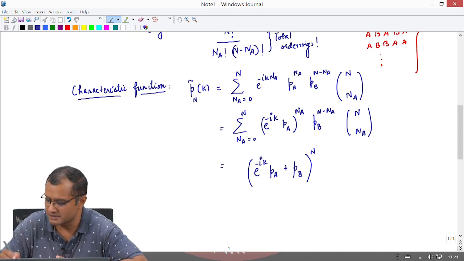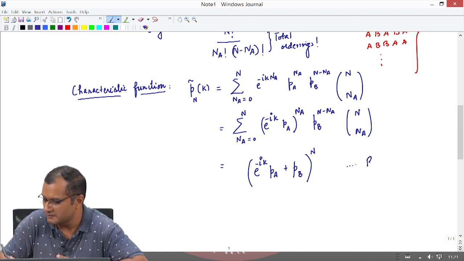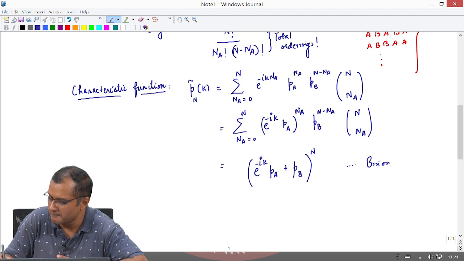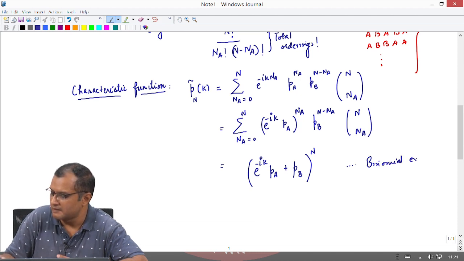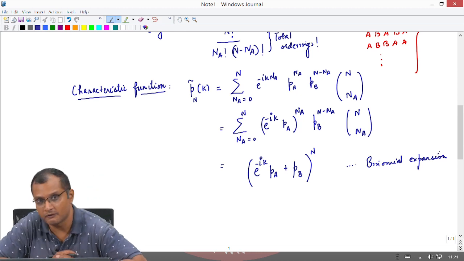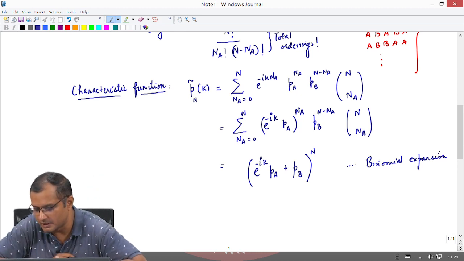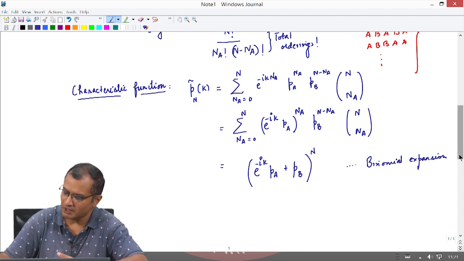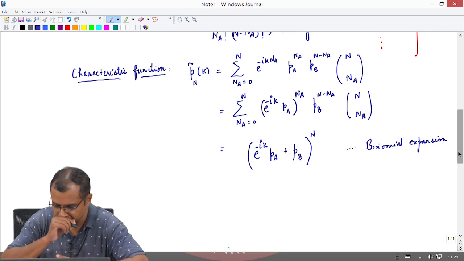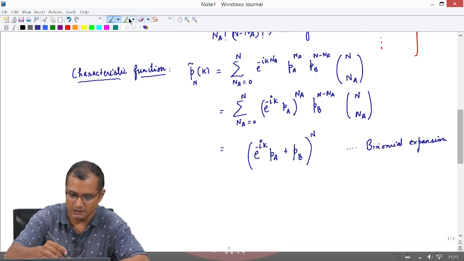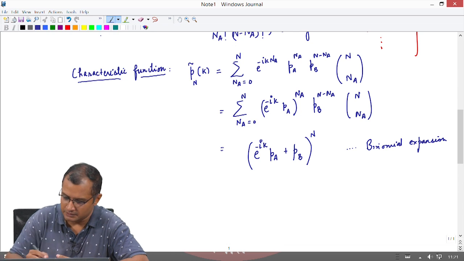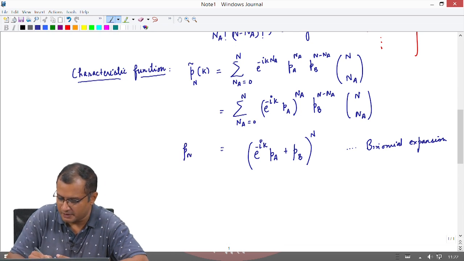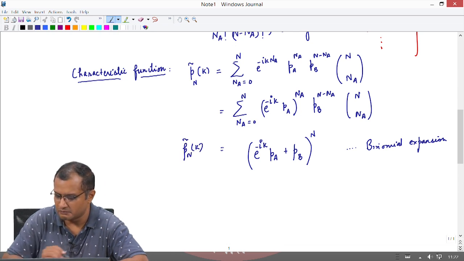This is the binomial expansion that we know from elementary mathematics. Fine. So, you now have a characteristic function ready and you can do a lot of things with it.